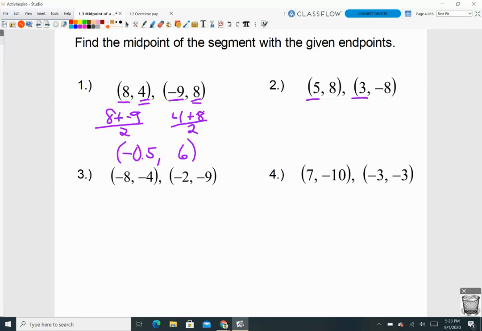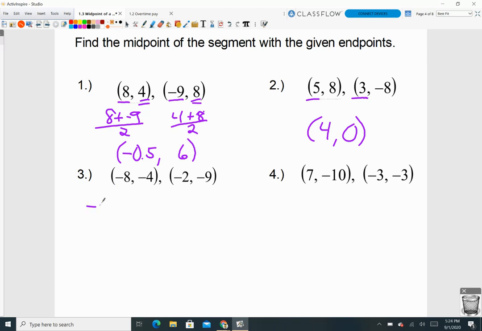If you're savvy with your integer arithmetic, you can do these in your head. 5 plus 3, that's 8. What's 8 divided by 2? That's 4. What's 8 plus negative 8? That's 0. 0 divided by 2 is 0. But if you're not that great with integer arithmetic, grab your calculator.